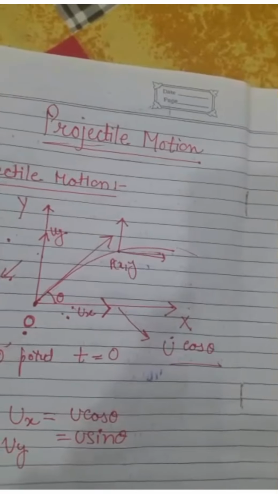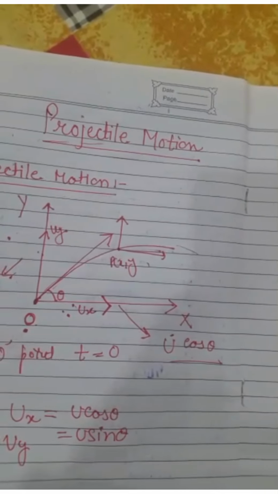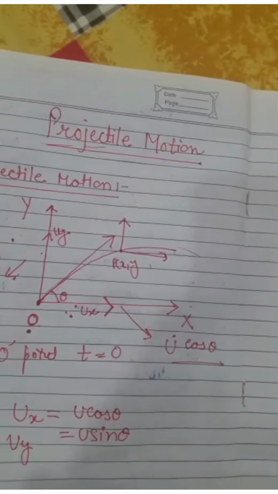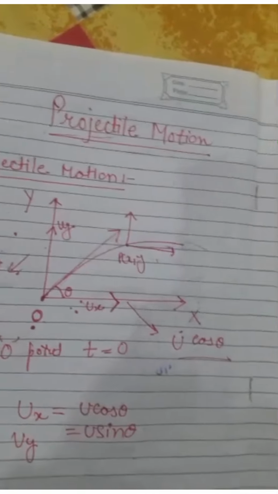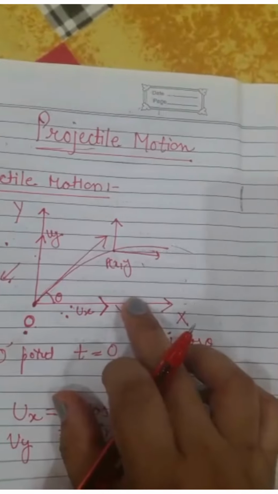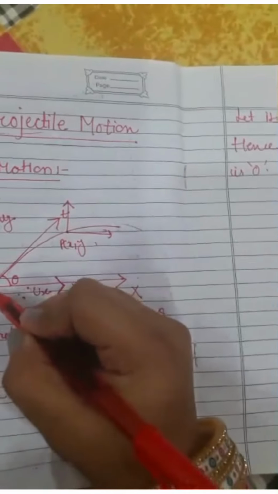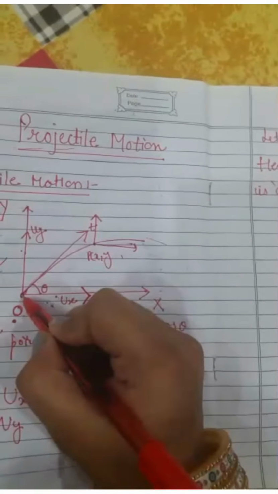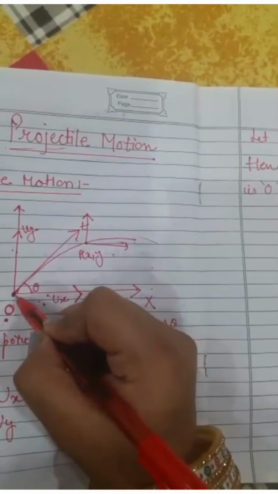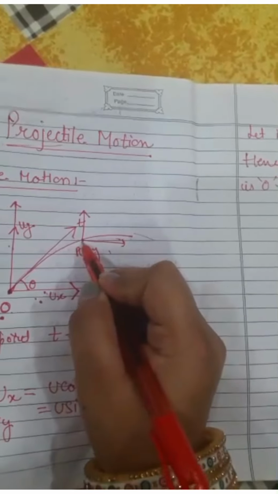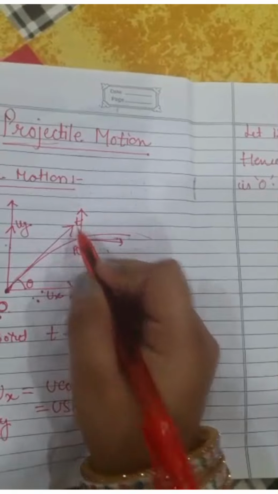Let v be the magnitude of its instantaneous velocity, and t is the small time, as shown in this figure. From this point the body is projected to the point P at time t.